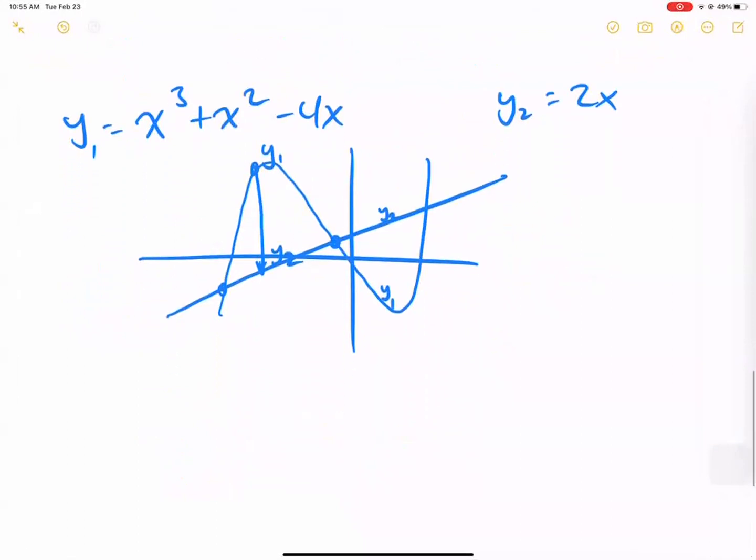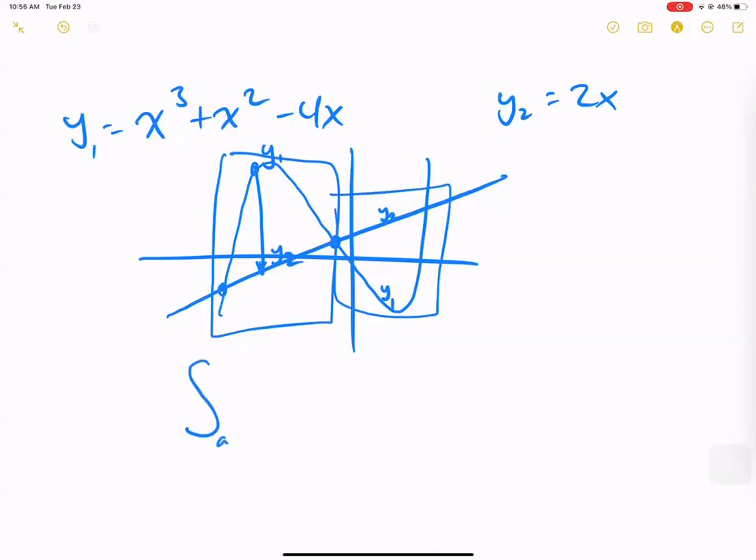So the way we simplify this, just like in geometry, we try to make things a lot easier, is we break this up into 2 different parts. We have the area of my first region added to the area of my second region. So we do the integral from a to b of y1 minus y2 dx.